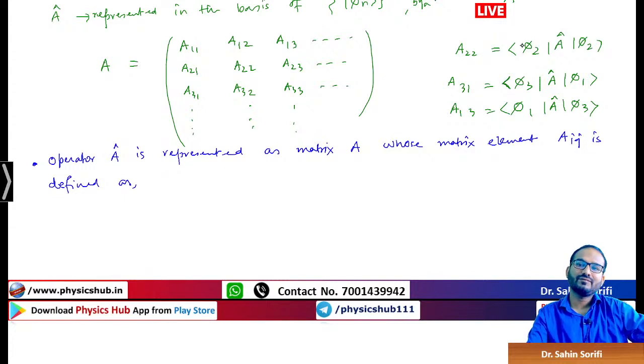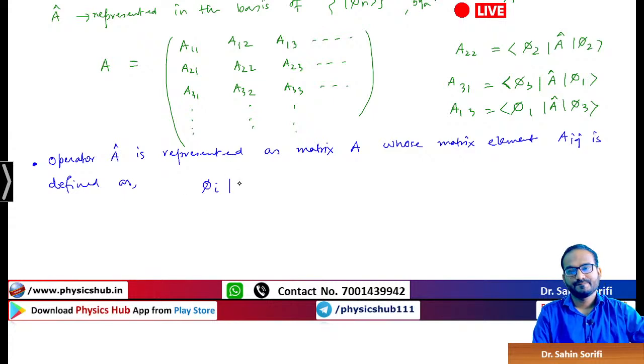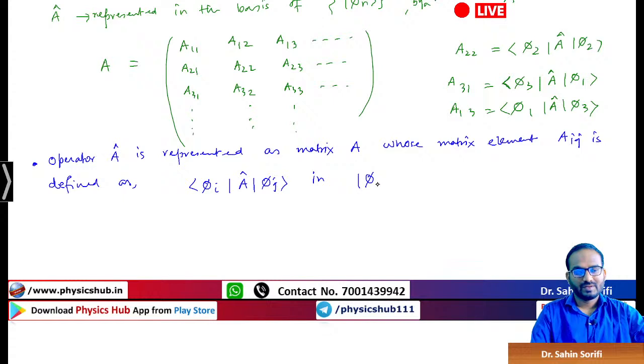Let's say instead of phi, you are given un as the basis, so you can write ui A uj, or let's keep it as phi only: phi i A phi j. This will be the element Aij in the phi i basis.